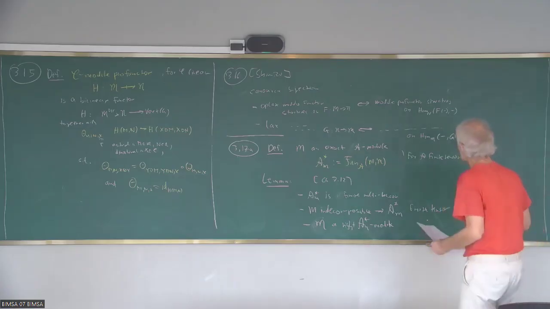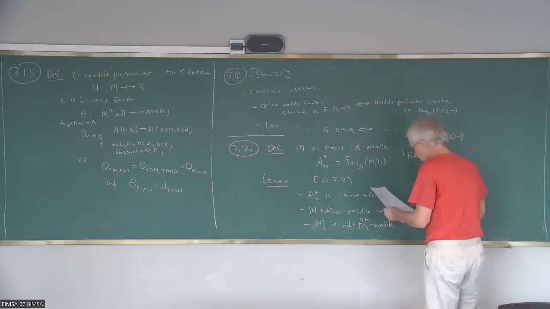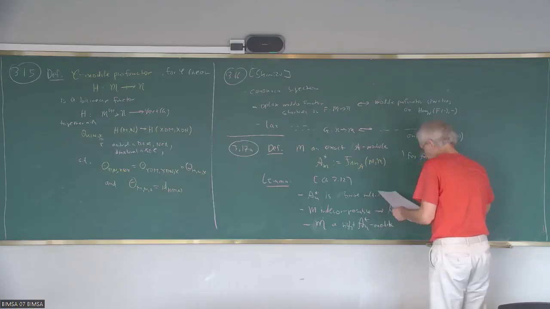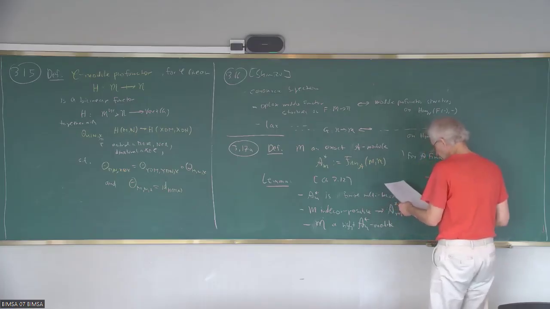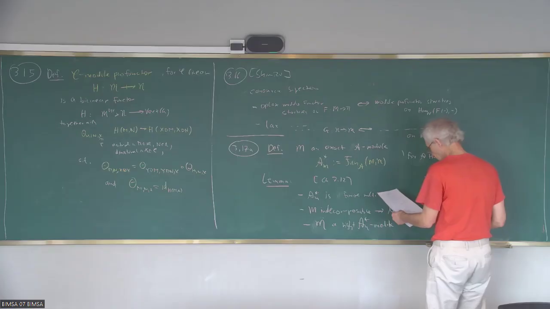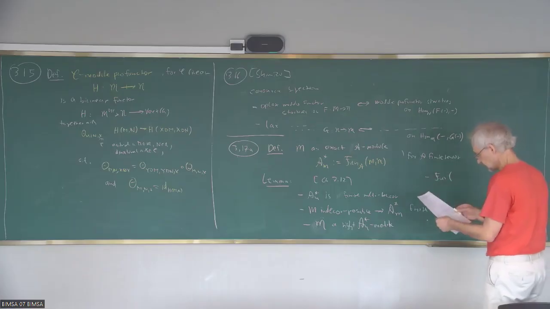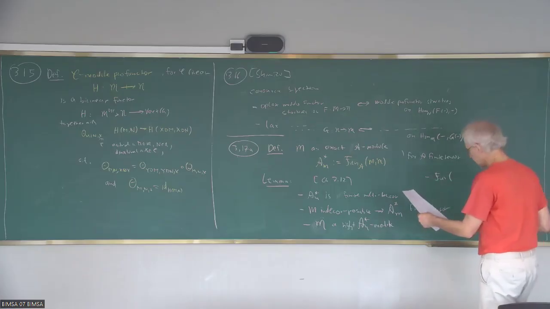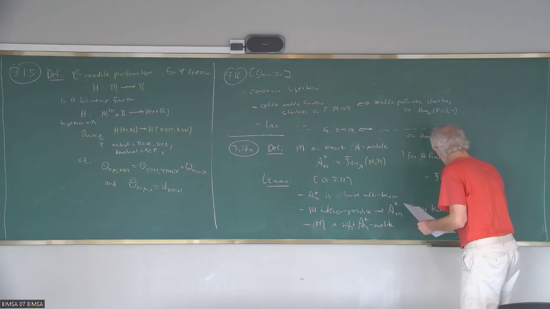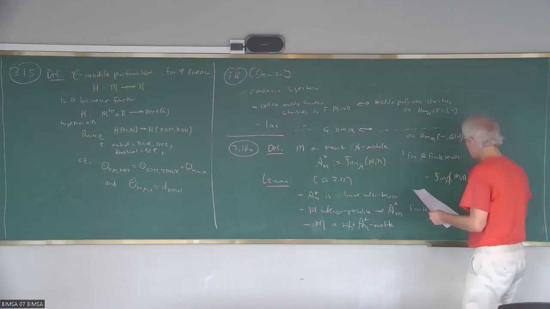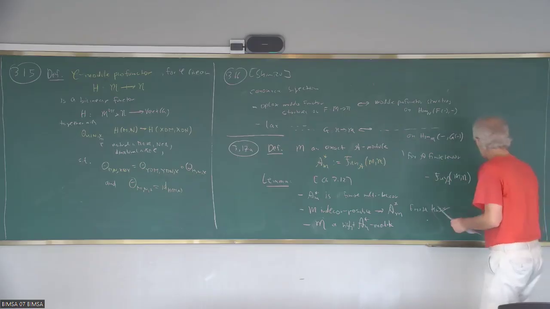And more generally, instead of these functor categories, you can consider the categories of module functors from M to N, where M and N are module categories.